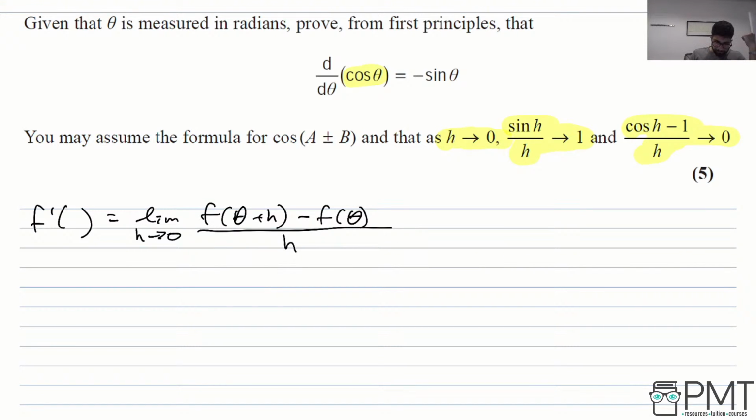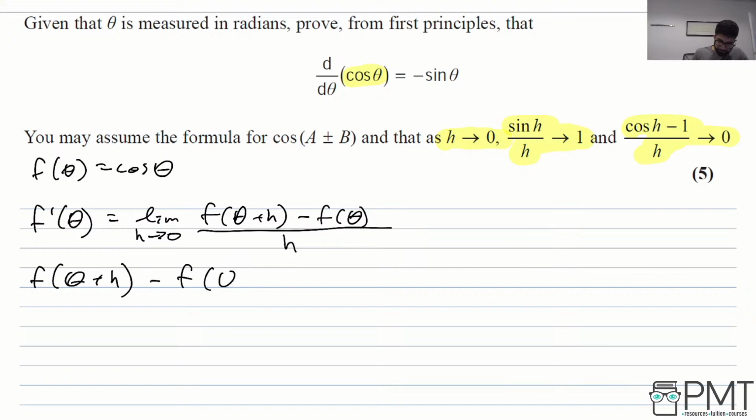So I want to find what for f of theta equals cos theta. I want to find what f of theta plus h minus f of theta is.